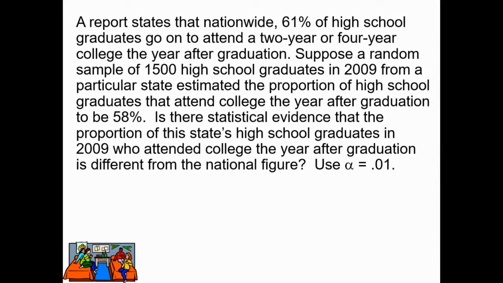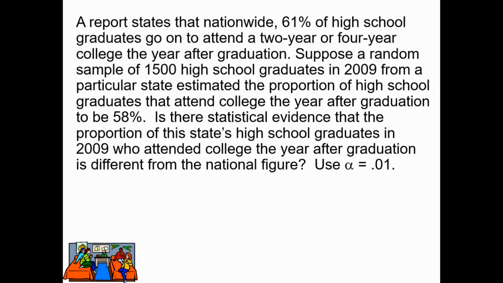Okay. So yesterday we did the very first example for doing a hypothesis test with population proportions. Let's look at the next one. The report states that nationwide, 61% of high school graduates go on to attend a 2-year or 4-year college the year after graduation.